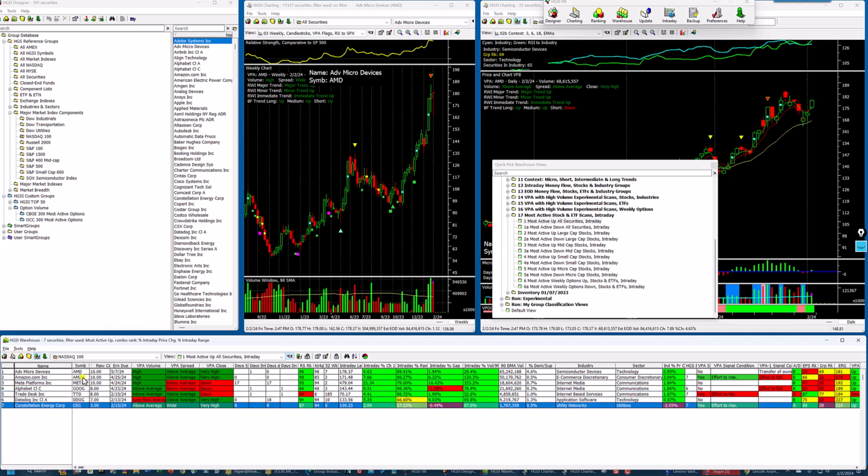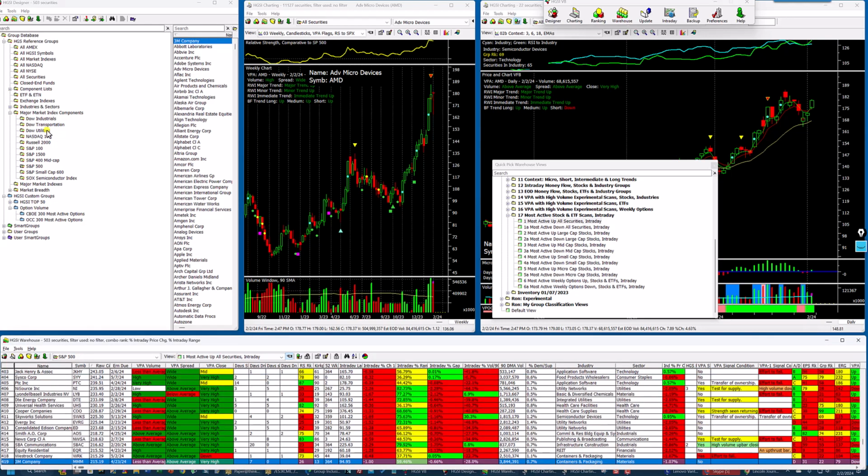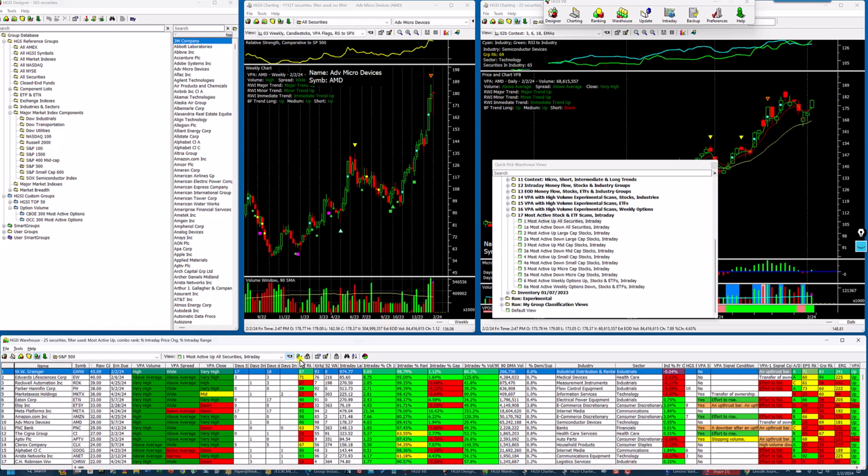Datadog, Constellation Energy. Now, if I'm interested in the S&P 500, I click on that. Click on the warehouse view. Make sure you engage the filter. And this shows you the most active stocks. 25 out of the S&P 500.